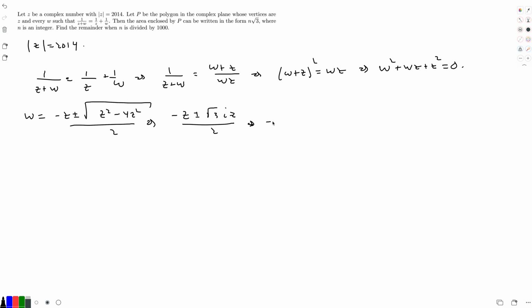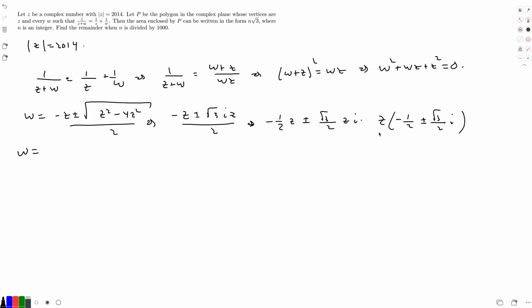This is negative 1/2 z plus or minus root 3 over 2 zi, and then factoring we get z times negative 1/2 plus or minus root 3 over 2 i. Now this is great. So now we can write w as z times negative 1/2 plus root 3 over 2 i.